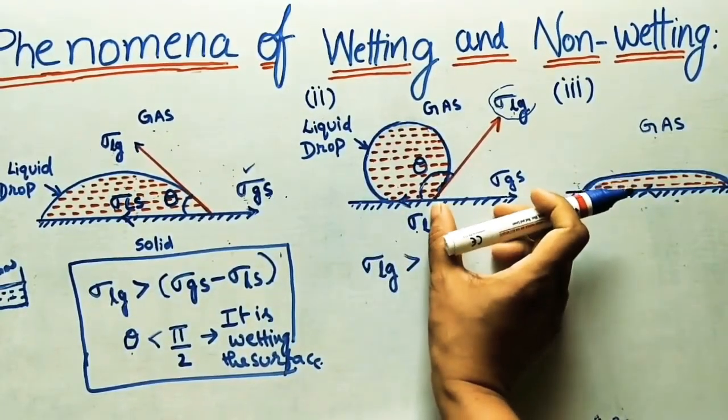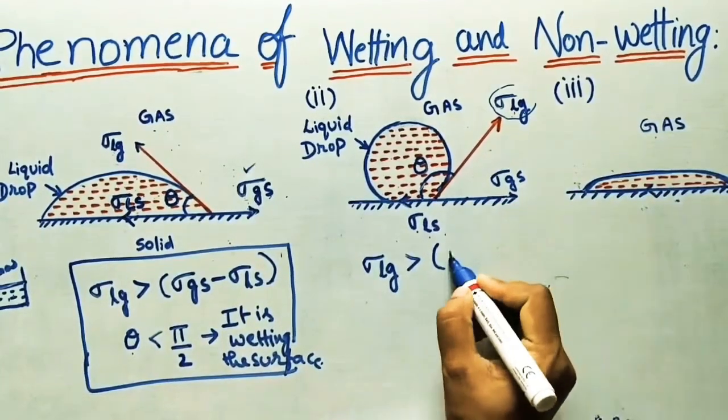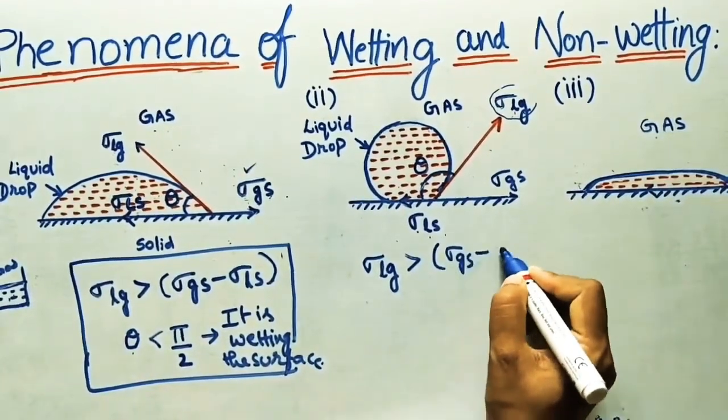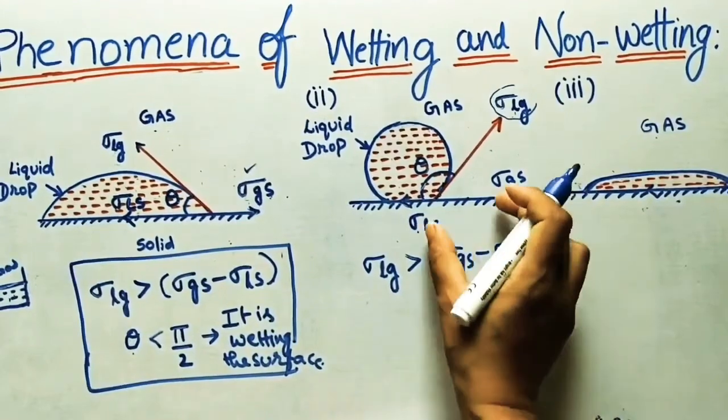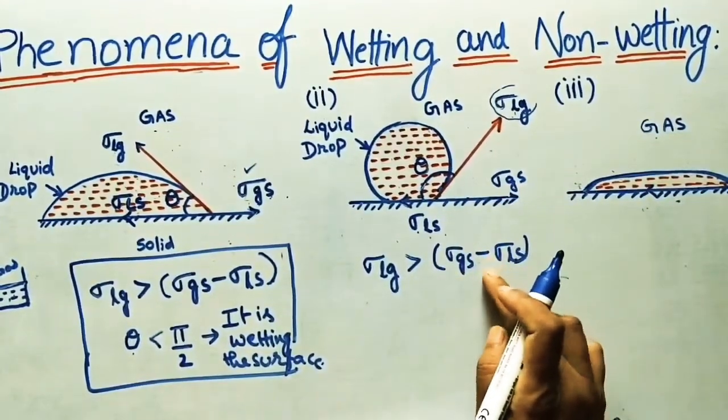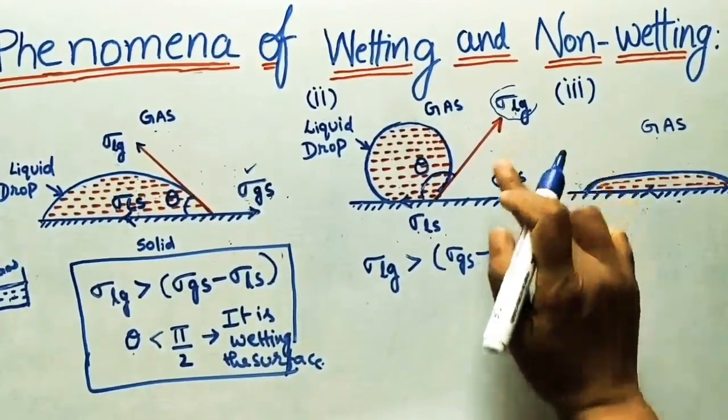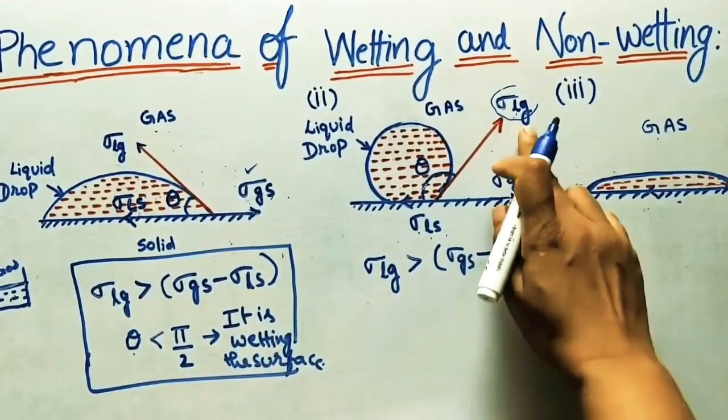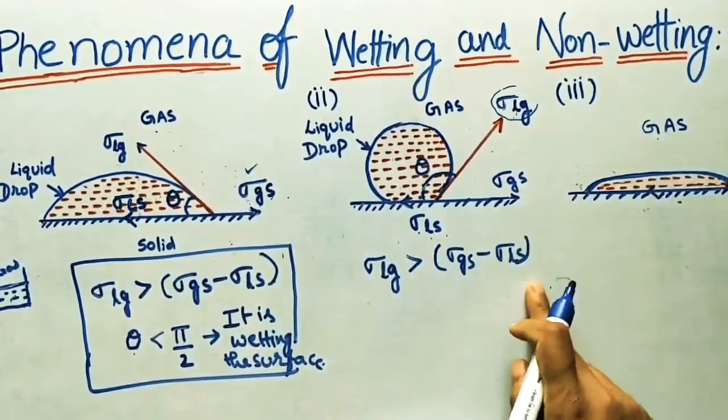We are taking sigma Gs minus sigma Ls. This difference should be less compared to this value. For equilibrium, sigma Lg is greater than the difference of these two.